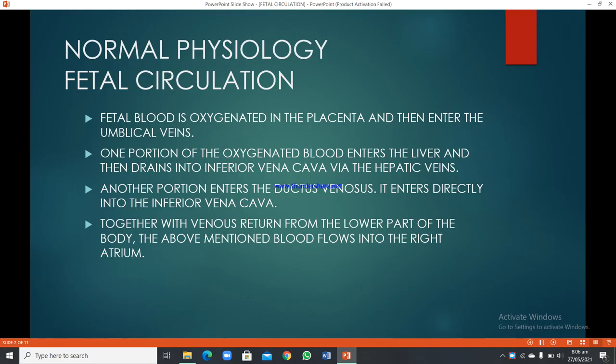So in this you see the umbilical veins, they carry the blood and then it is entering the liver. Part of it enters directly into the inferior vena cava. Together with the venous return from the lower part of the body, all the blood flows into the right atrium.